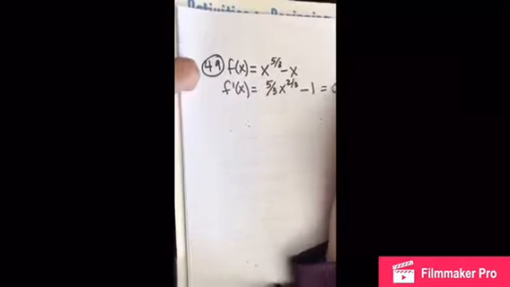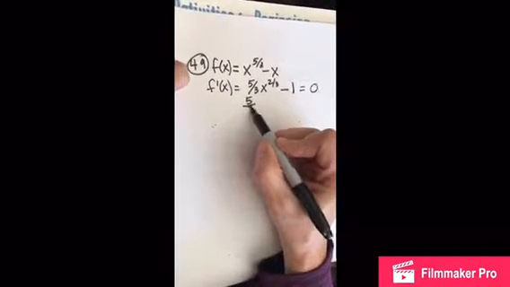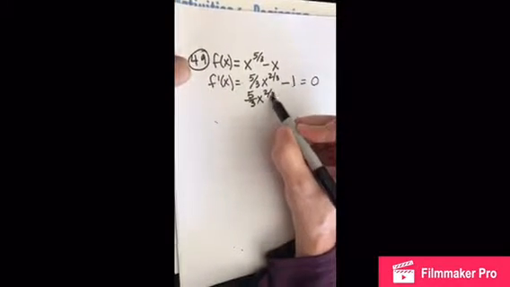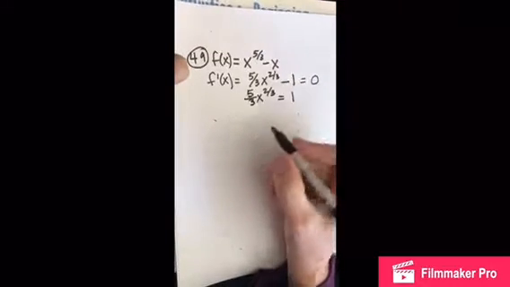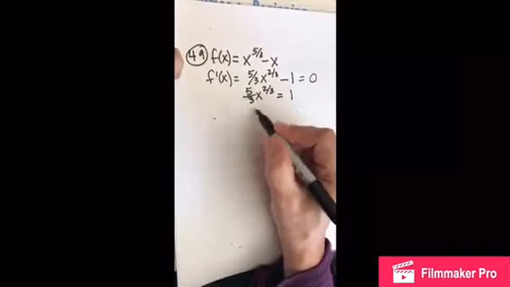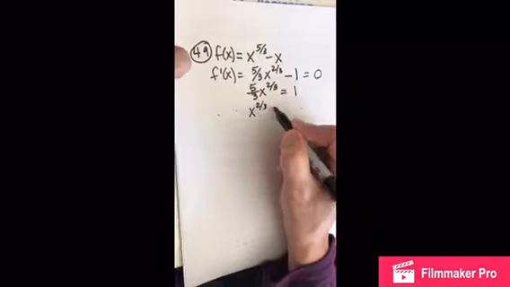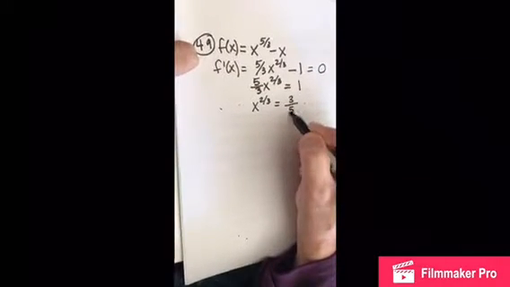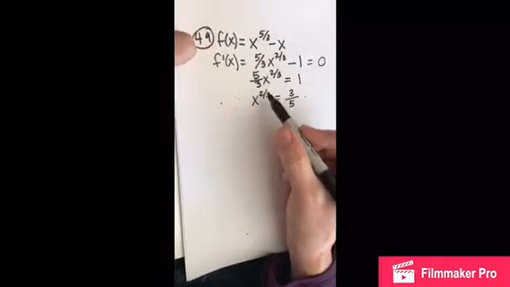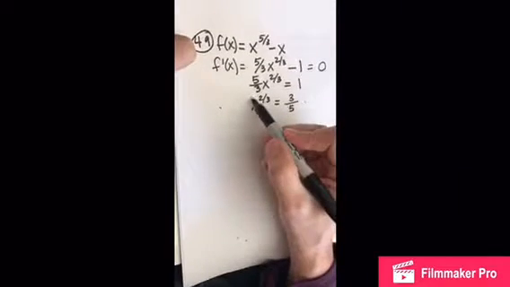Figure out the critical numbers by solving. So if I multiply both sides by 3/5, I'll get this. And then we could cube both sides at this point.